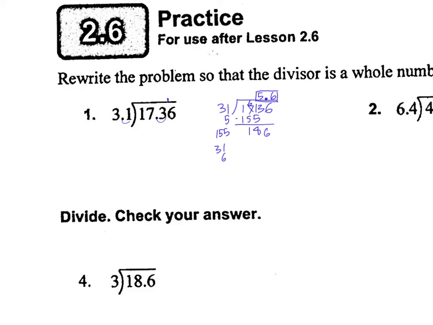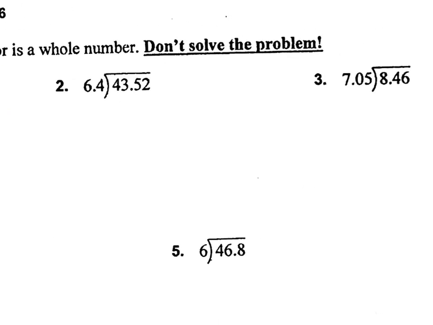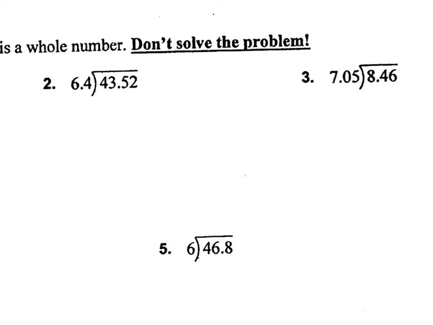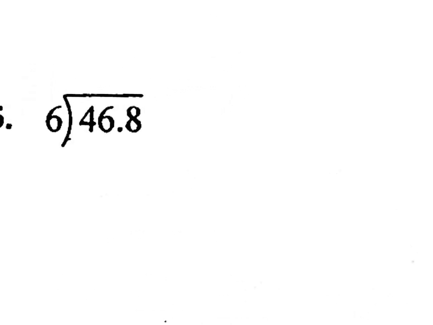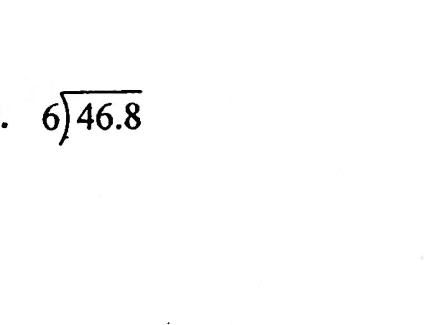So you can kind of see the steps that I go through to solve this problem. I'll do a couple more of these. Let's do number 5 because it doesn't have a decimal there, but does that change anything? Not really. 6 goes into 46. Well, 6 times 8 is 48, so I know it has to go 7 times. So 7, that's 42.